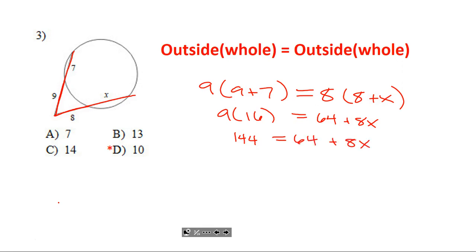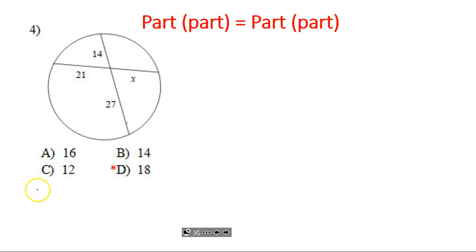So now we can subtract that 64 from both sides, so that's going to give us 80 over here is equal to 8x, so x is equal to 10. Right there. Number 4. We have two chords that intersect inside the circle here, so we're going to do our part times part equals part times part.